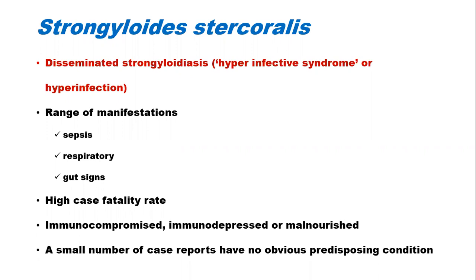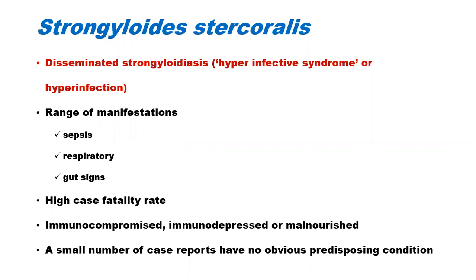Because the patients that usually present with disseminated infection are immune compromised, there is a high degree of case fatality rate. So immunocompromised patients, patients who are immunosuppressed, maybe because they received an organ transplant, or malnourished children are at particular risk of developing hyperinfection.